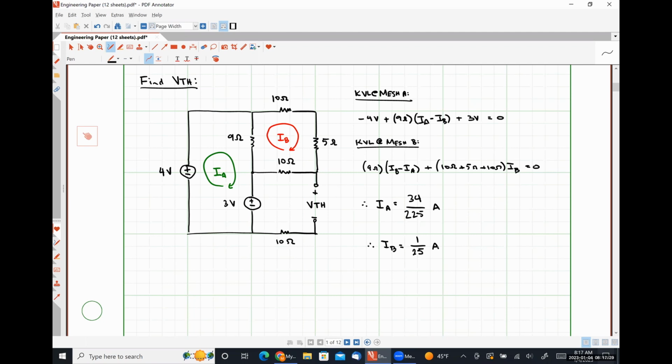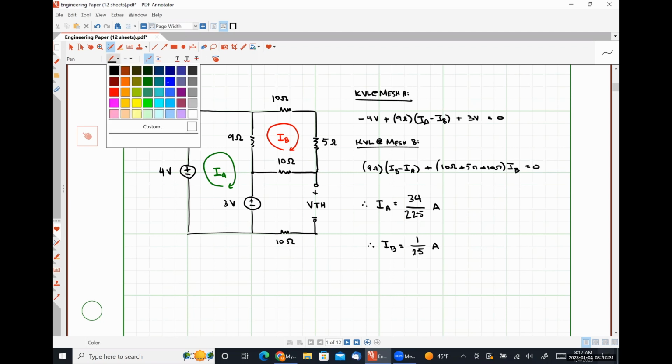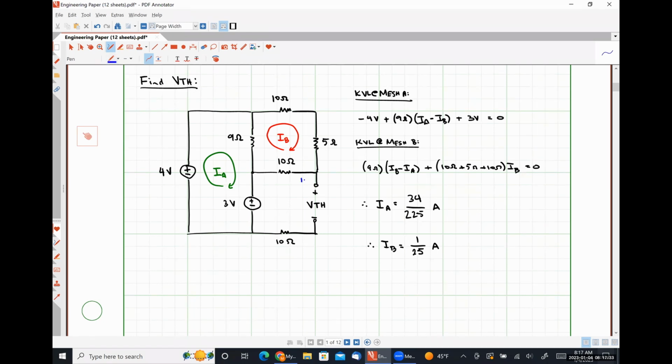So what I'm going to do is define some voltages here. I'm going to call this one Vx. I'm going to call this one with this particular polarity Vy. And I'm going to write the KVL equation around this path.